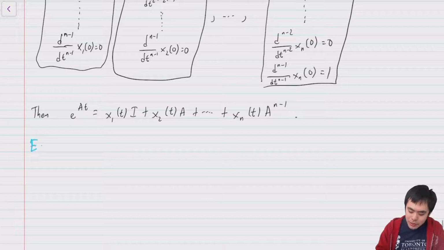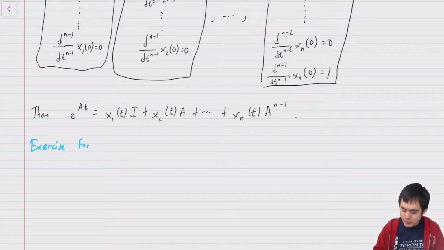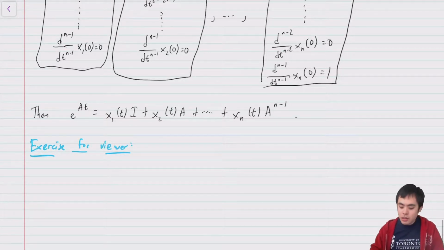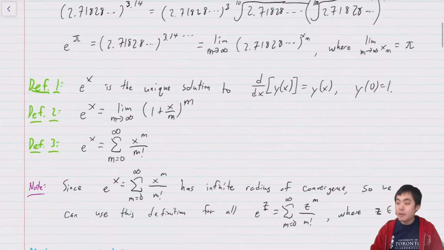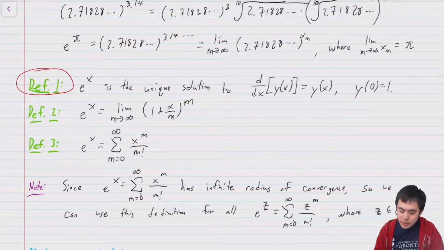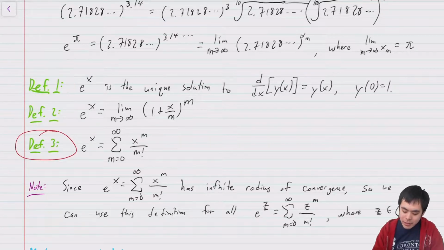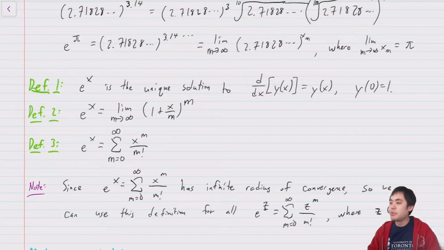I will leave off with an exercise for the reader, or watcher, viewer. If you go back to the definitions, you'll recall that we gave 3 different definitions for the ordinary exponential. Now we've shown that definition 1 and definition 3 can also be applied to matrices. What about definition 2?